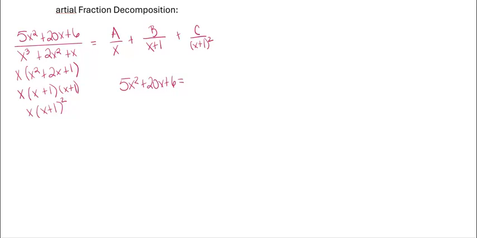So for my A term, what am I missing? Well, I have an x, but I'm missing 2 of the x plus 1s. So I'm going to multiply A by x plus 1 squared, because I have to have both of them. I'm going to write that as x plus 1 squared multiplied out, so x squared plus 2x plus 1. That is equivalent to x plus 1 squared.